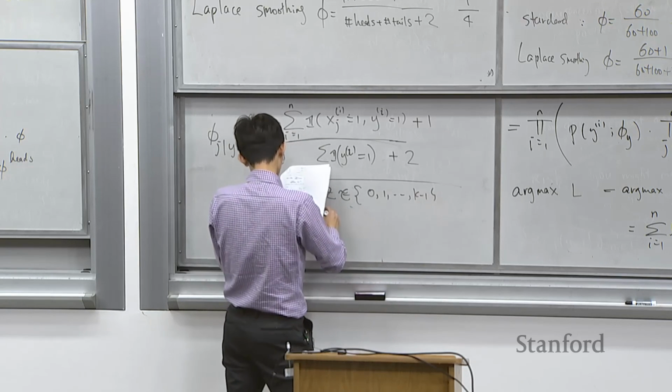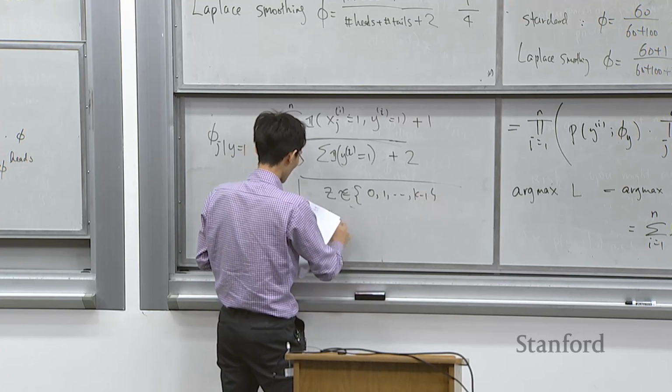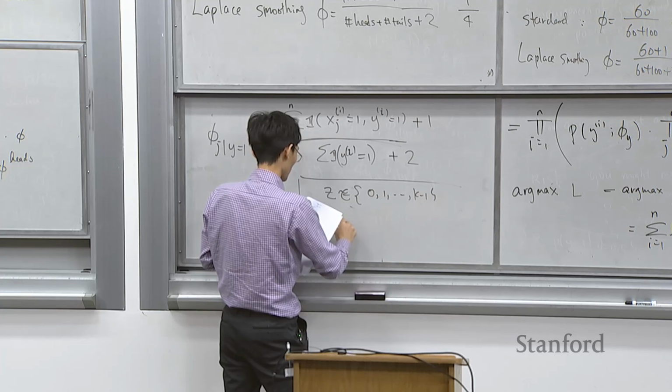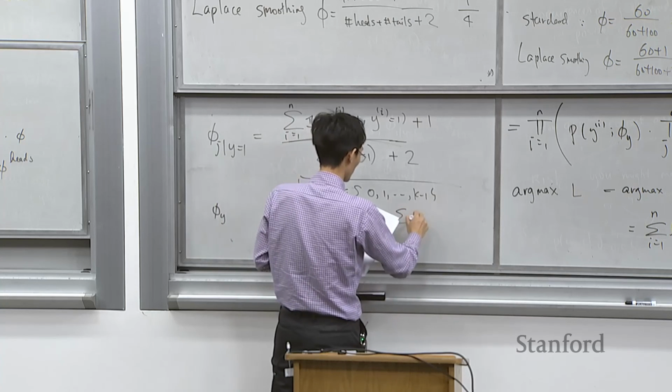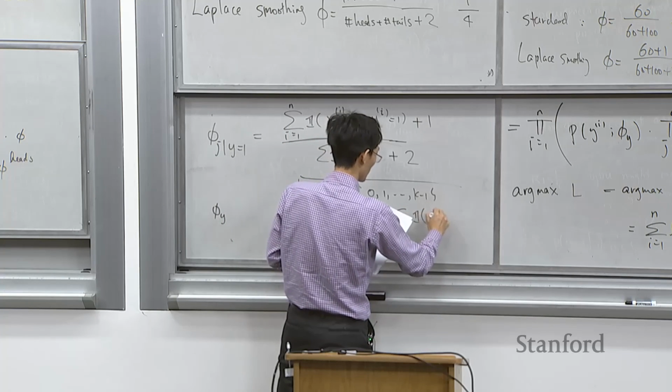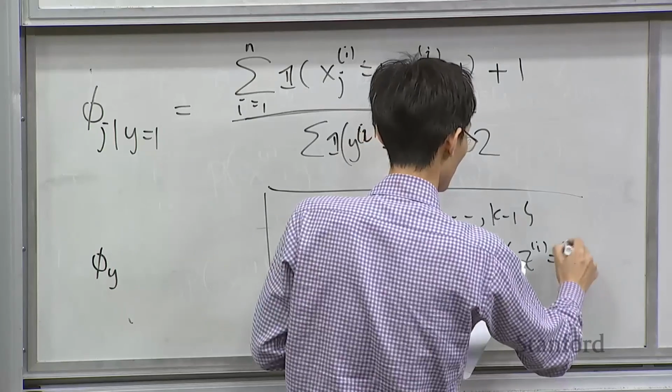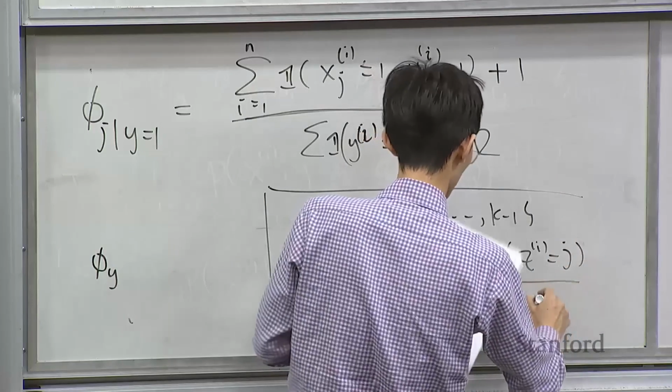Then the general Laplace smoothing would be like this. If you don't do Laplace smoothing, the chance you estimate this to be is the number of times zi equals j over the total number of examples.